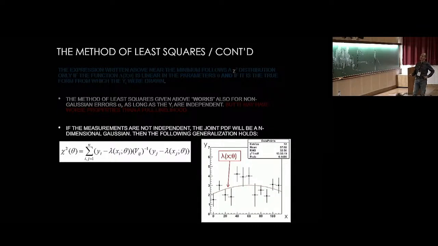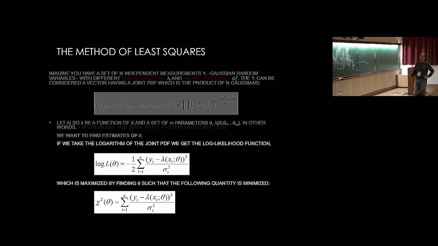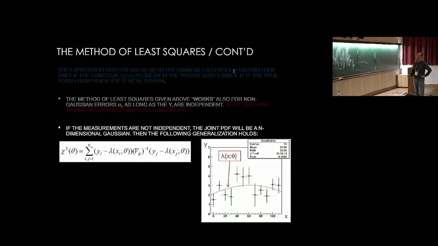You will compute the squared term by doing a sum over two indices, i and j, and you will take the variate i times the inverse of the covariance matrix term, times the difference between yj and lambda of xj. But this is basically the same expression as this one, expanded when you have more than one dimension, okay? It's just a matrix form.